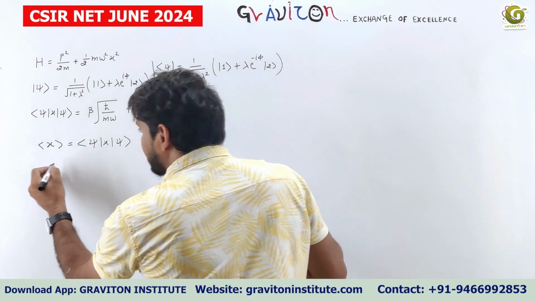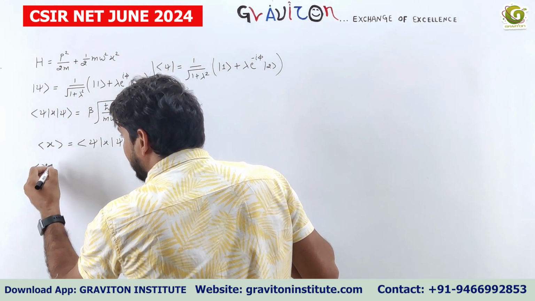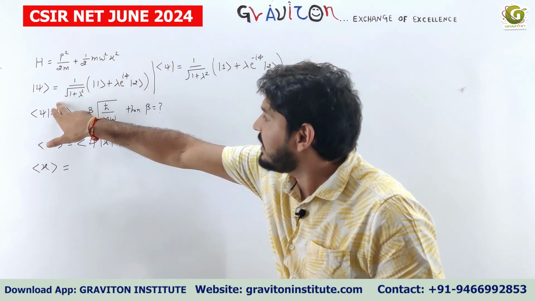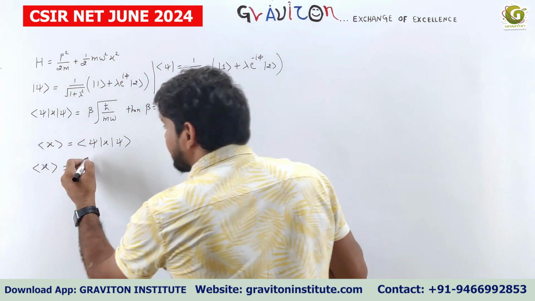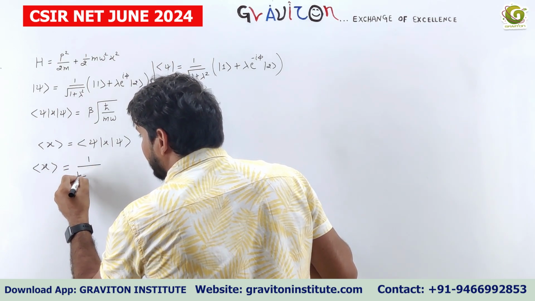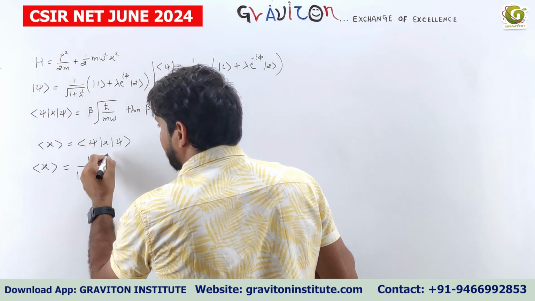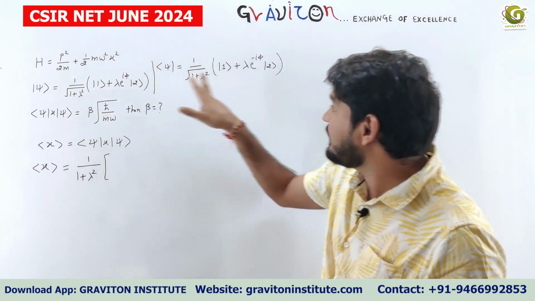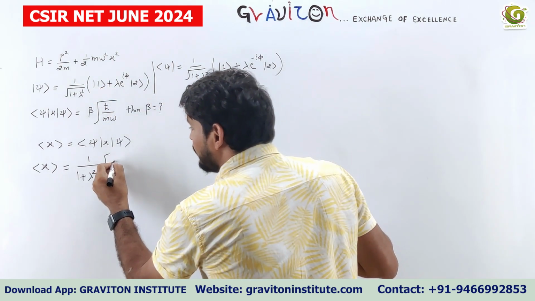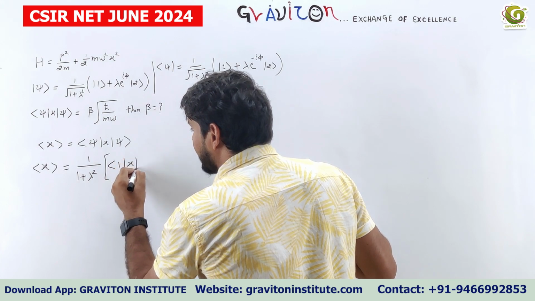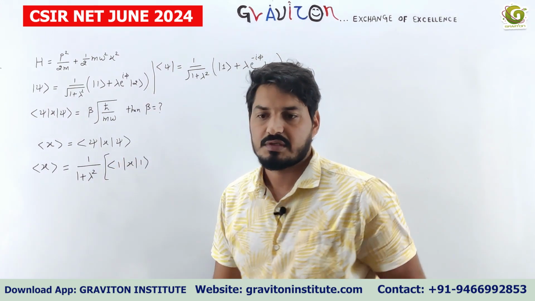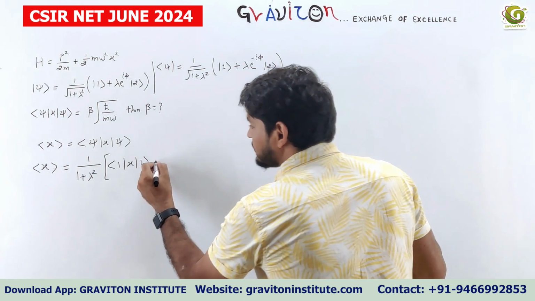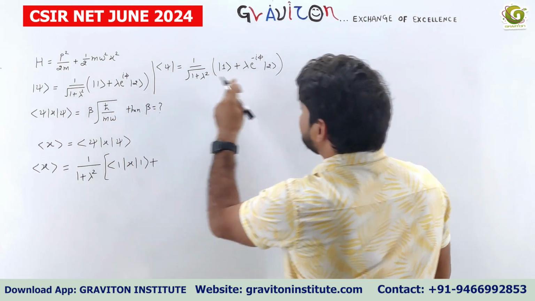So what you will get now, the expectation value of x is nothing but, you can multiply this one and this one. So what you will get, 1 over 1 plus lambda square. Now you see what are the terms. First 1 with 1, so this will give you the expectation value of x on state 1, plus 2 with 2.